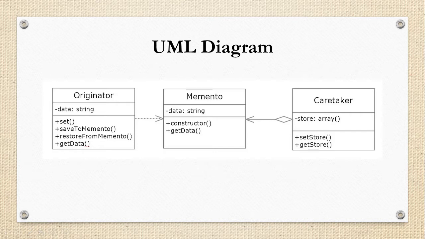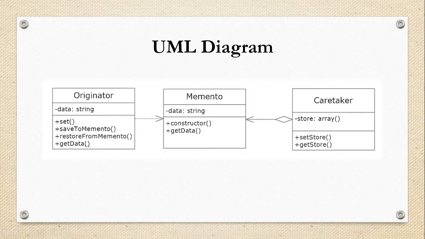We also have a memento class with an attribute of data of string type. We have the constructor method and the getData method. Then we have our caretaker class with an attribute of store of array type. Then we have the methods setStore and getStore.